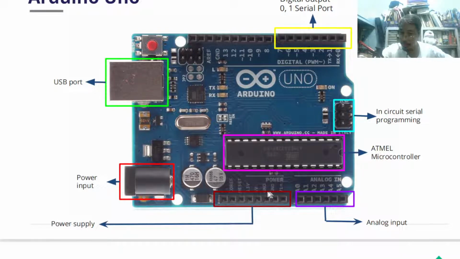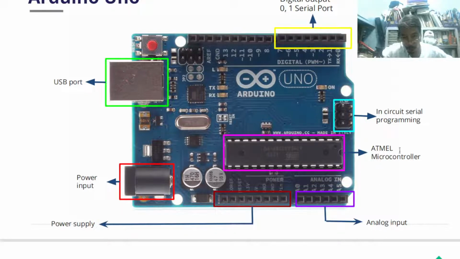So it's better to use the USB port as a power supply, or the power jack as the power supply. Better to use this power supply rather than this one, because there is protection for this, but there is no protection for this. It will easily get burned down and be damaged.